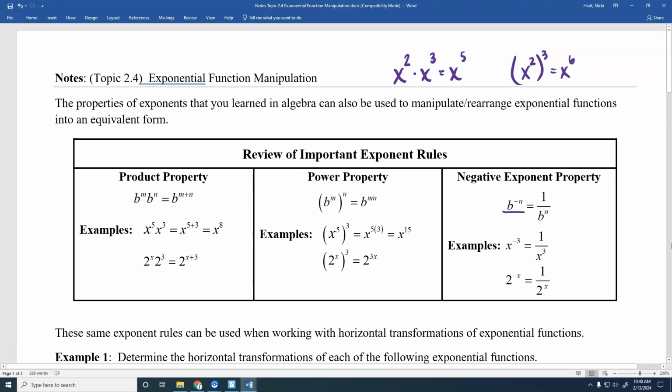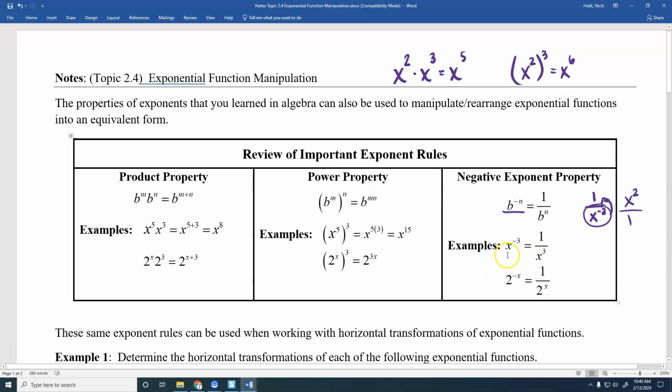Sometimes you might be in this scenario where you've got 1 over x to the negative 2. Most houses, if they don't have a basement, are going to have an attic. So if you have negative exponents that are in your denominator, you can lock them in the attic and just get x squared there on top. Basically, you're moving it to the other side of the fraction bar to get rid of it, right?